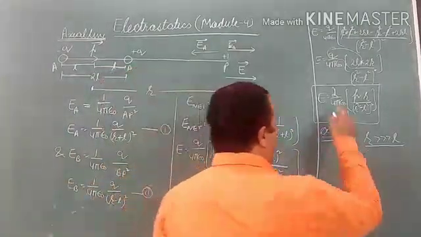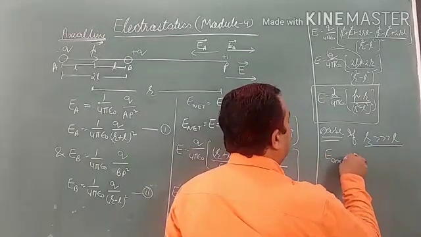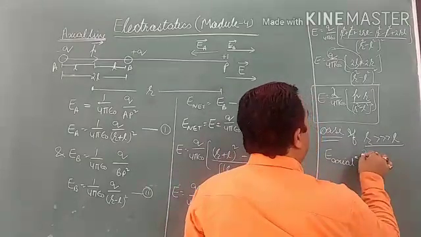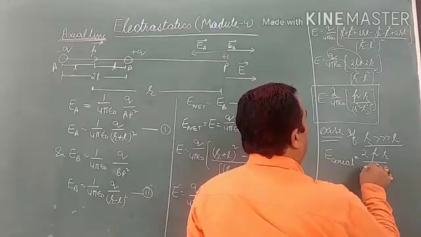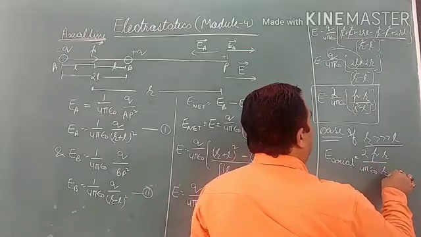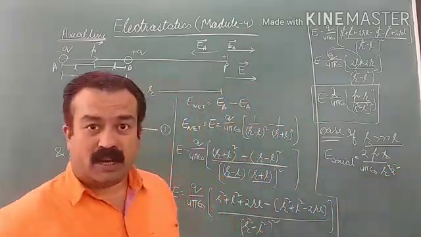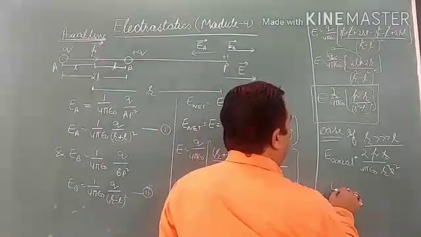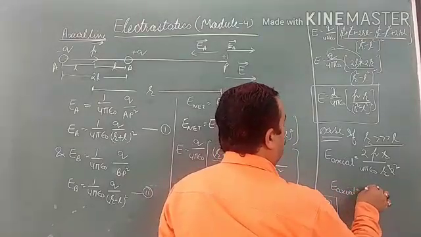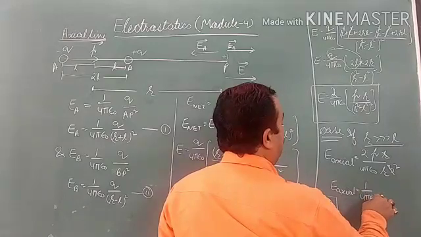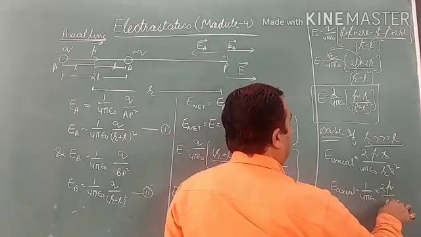So in this formula, E axial equals 2PR upon 4 pi epsilon naught R cube, and R cancels with the cube, so we write square. The final formula is E axial equals 1 upon 4 pi epsilon naught into 2P upon R cube.